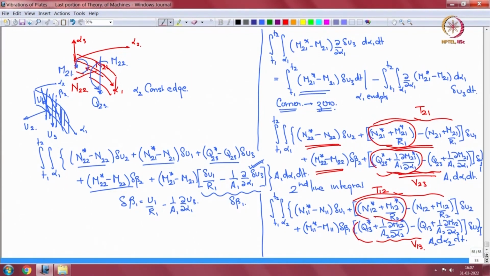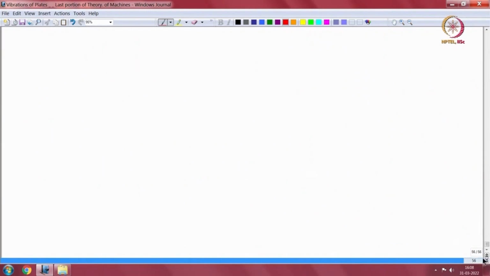Okay, so what are they? So V13 is given by Q13 plus 1 by A2 del M12 by del alpha 2.